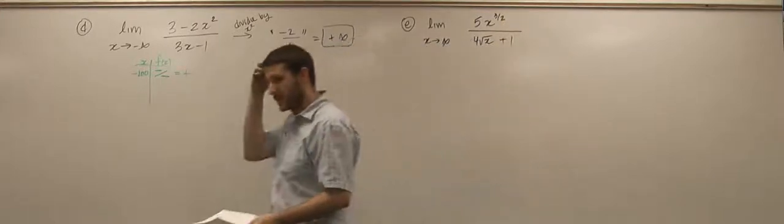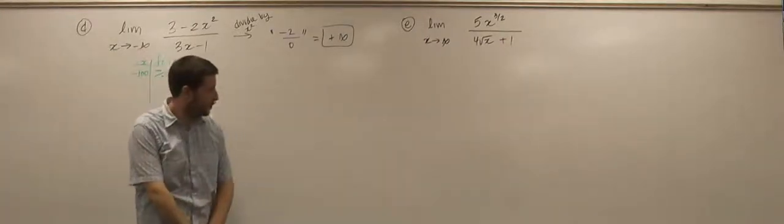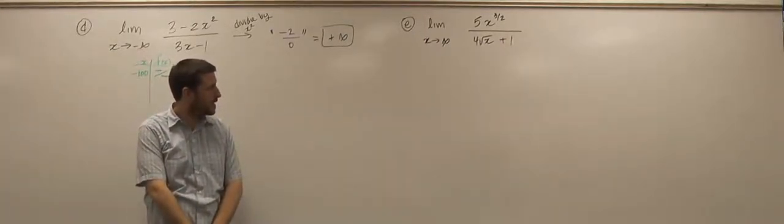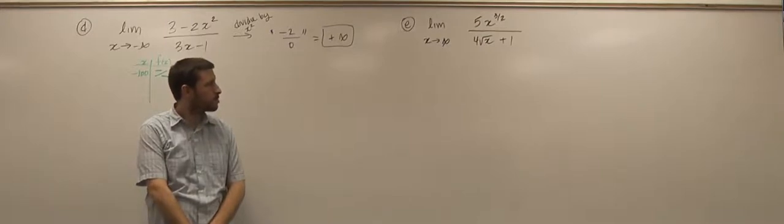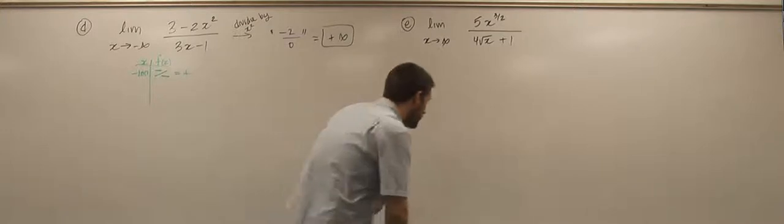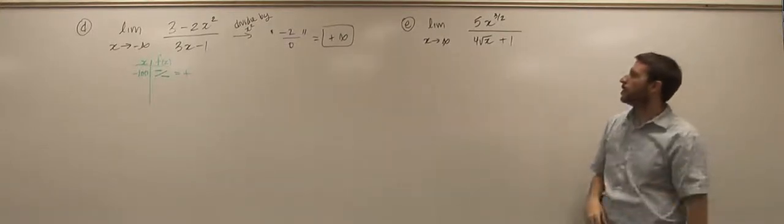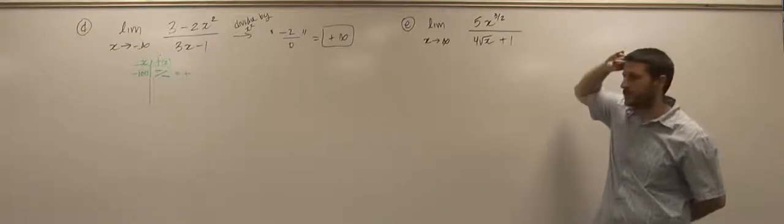Limit as x goes to infinity of 5x to the 3 halves, divided by 4 root x plus 1. When you try to plug in here, what happens?